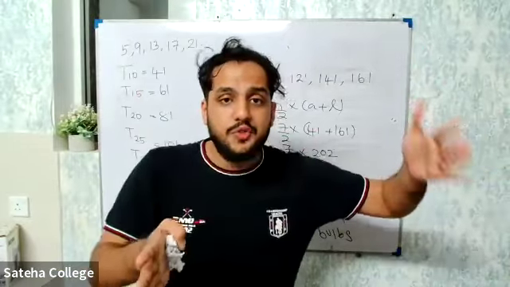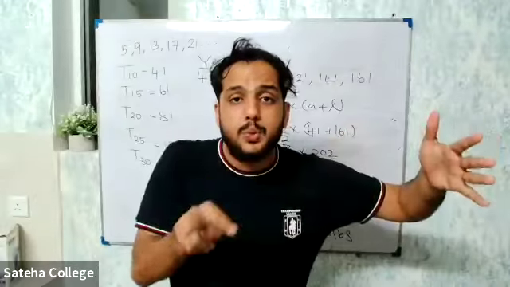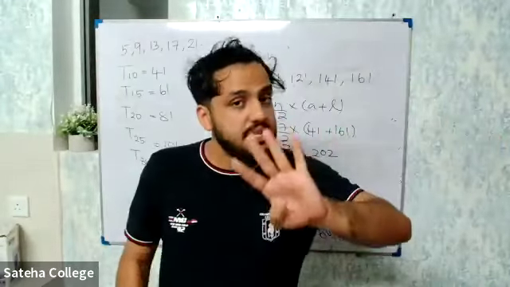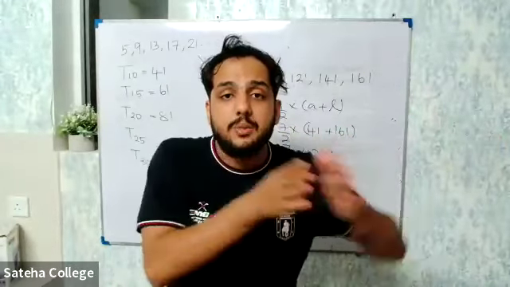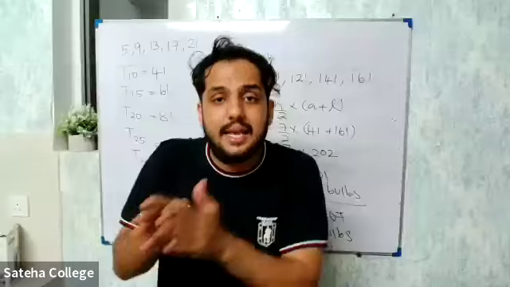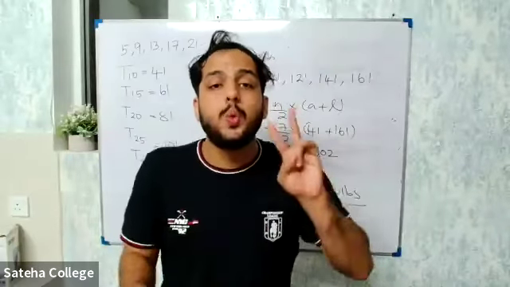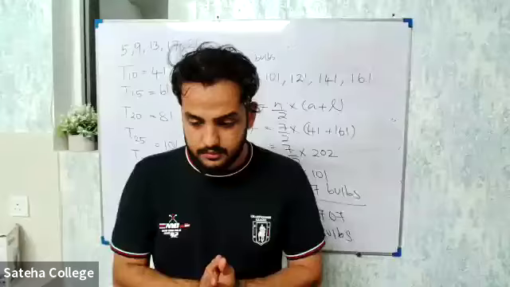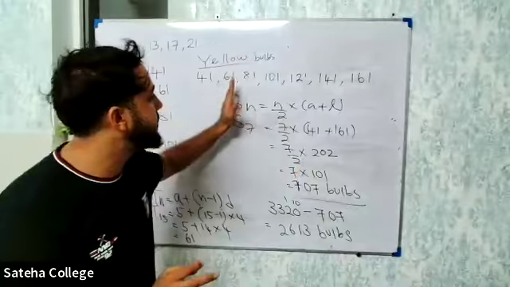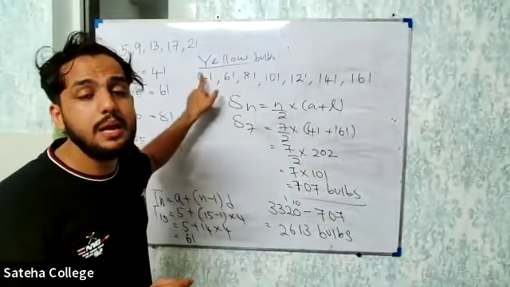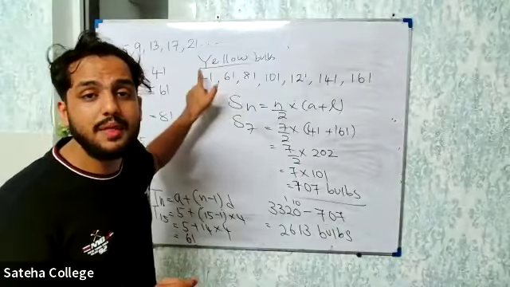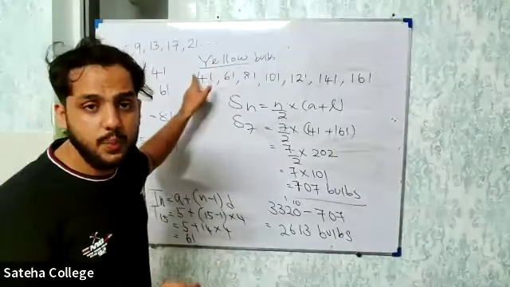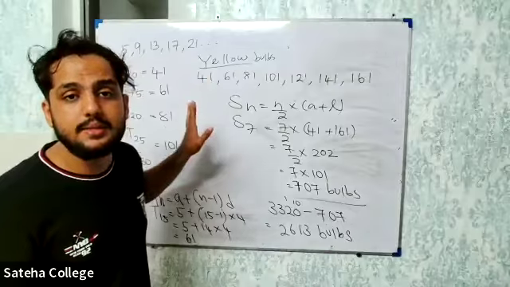So from the 10th to the 15th circle, there are 5 terms, and between each term the difference is 4. So the difference between the 10th and the 15th circle will be 20. So the 15th circle will have 20 bulbs more than the 10th circle. That is 41 plus 20, you get 61.